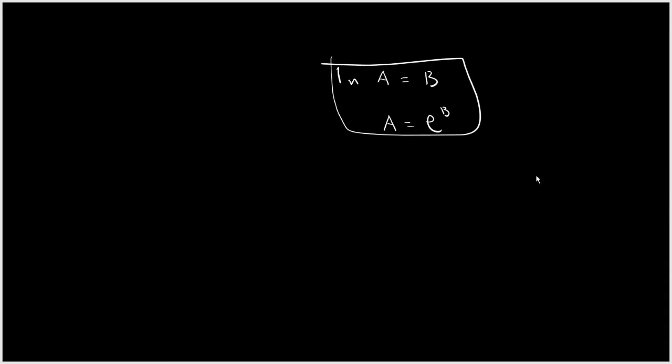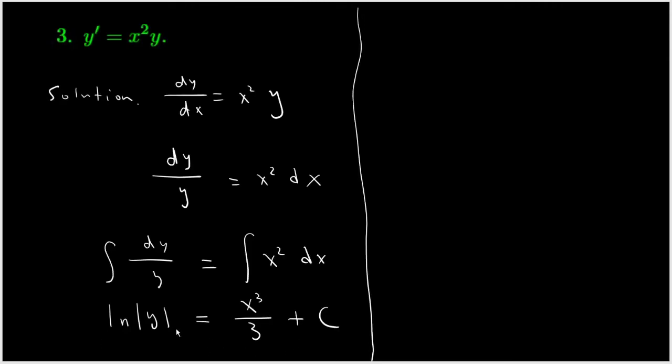You go back to here. From the equation, it's possible to write the absolute value of y in terms of x as e to the power of x cubed over 3.